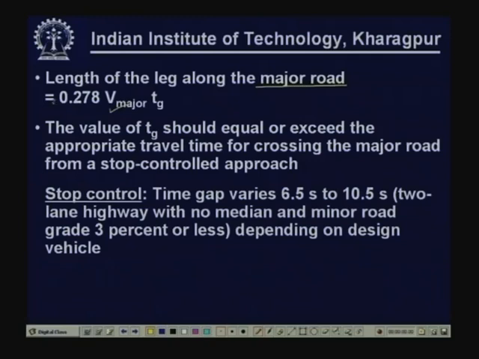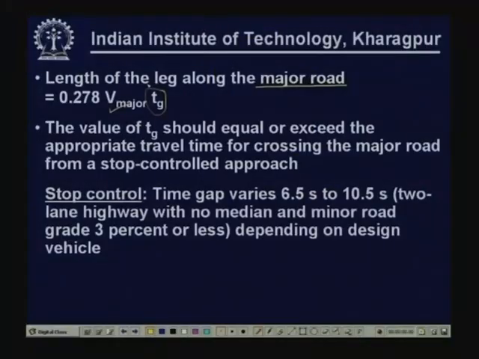Here 0.278 is the normal conversion factor, because we are using V in terms of kilometer per hour. Now, the Tg value, in the previous page we have seen how this Tg can be calculated. So, once this total time gap is known, the required length based on the design speed of the major road can be calculated.